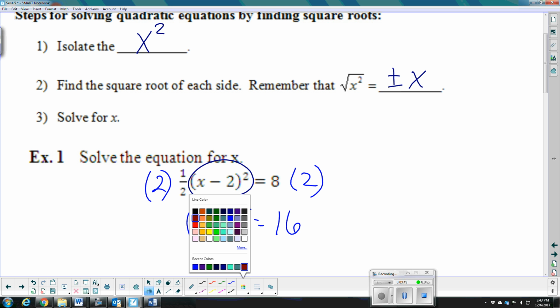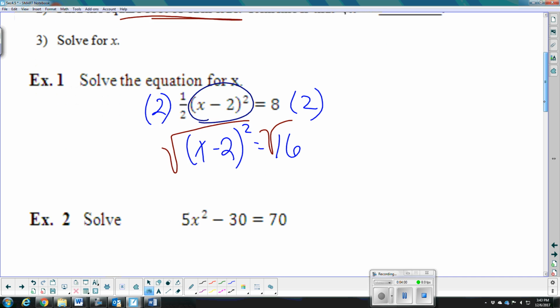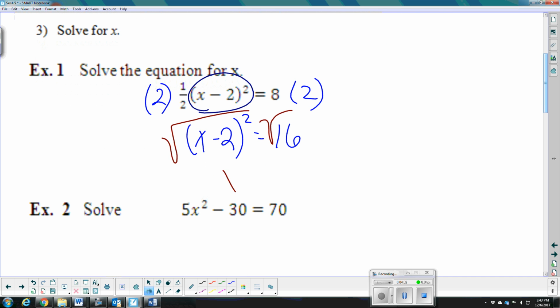Now I have to take the square root of both sides. That's my next step: find the square root of each side. And I get x minus 2 equals positive or negative the square root of 16. If you remember from simplifying radicals, anytime we simplified a radical, we got positive or negative.